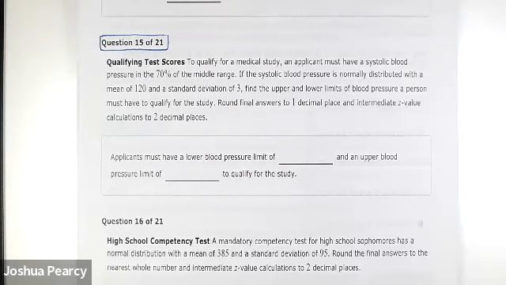You must be in the middle 70%. That means that this negative Z naught to this positive Z naught, the area in the middle of those two is what? 0.7, 70%.